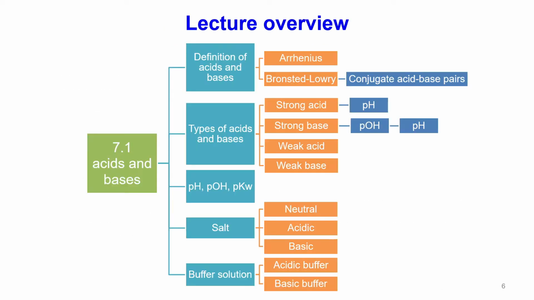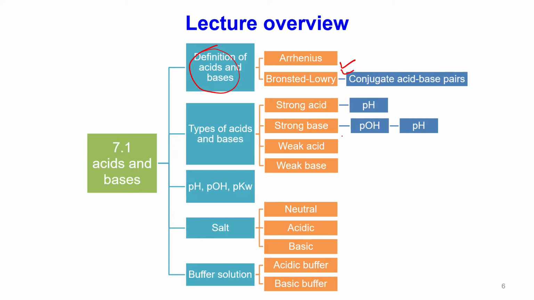These are our lecture overview for chapter 7.1. First, we define acid and base according to Arrhenius and Bronsted-Lowry. For Bronsted-Lowry, we have conjugate acid-base pairs. Next, we identify the types of acids and bases, which can be divided into strong and weak: strong acid and strong base, then weak acid and weak base.